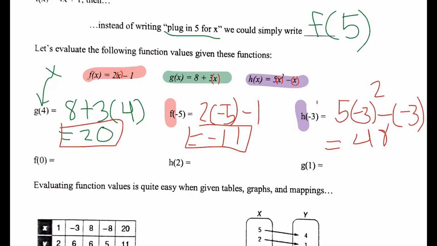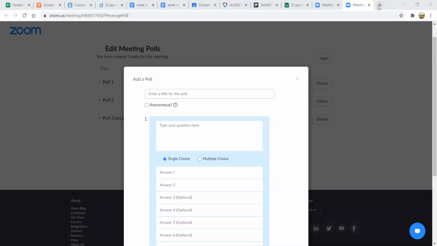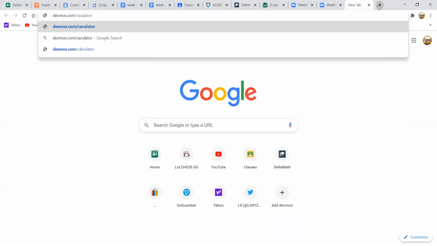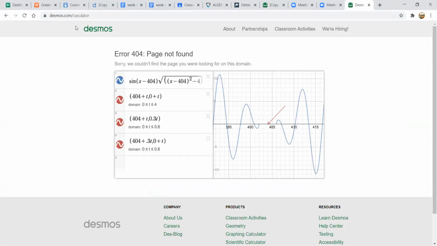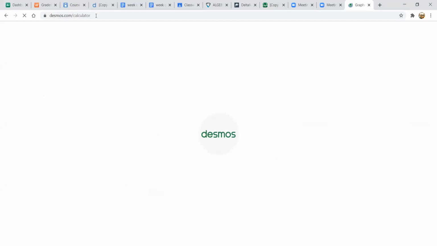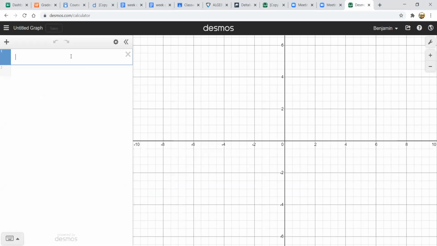Just to show you, if you don't have a nice calculator, go to desmos.com/calculator. For example, that first one we did, 8 plus 3 parentheses 4, you see it's 20.